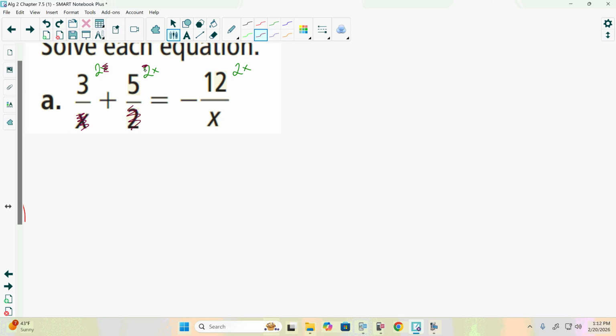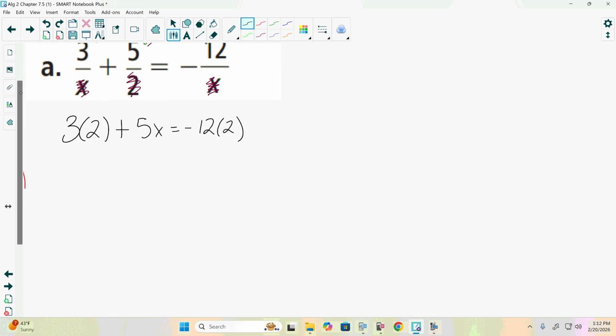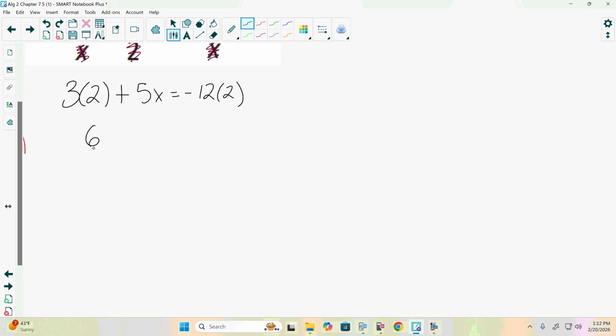In the middle, the 2 and 2, and the far right would be the x and x. Really leaving us with 3 times 2 plus 5x, 5 times x equals negative 12 times 2. Or really, we can just say that 6 plus 5x equals negative 24.